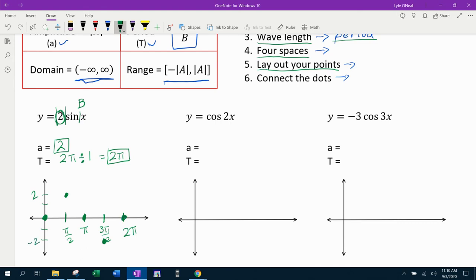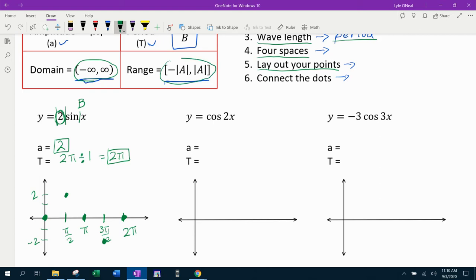Okay, so I don't know if you noticed, but you can see that the domain is all real numbers, which means that this graph is going to make a wave, and it's going to wave forever in both directions. This wave will continue to go back and forth between 2 and -2 forever in both directions. That's the domain.